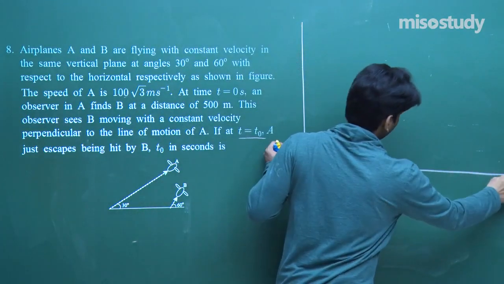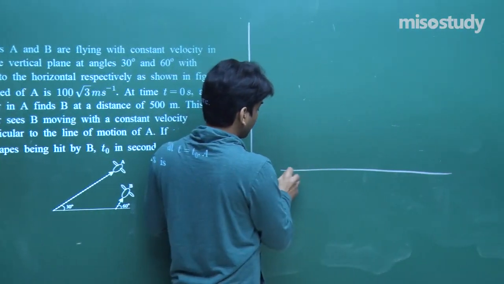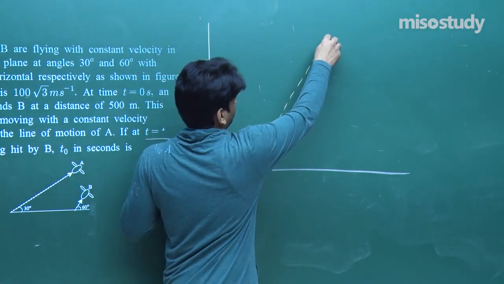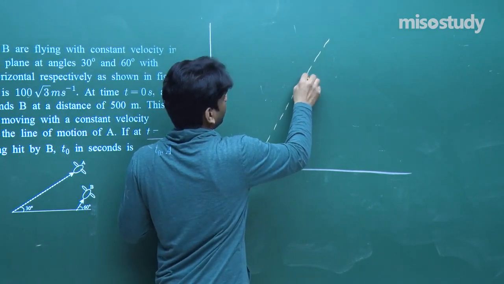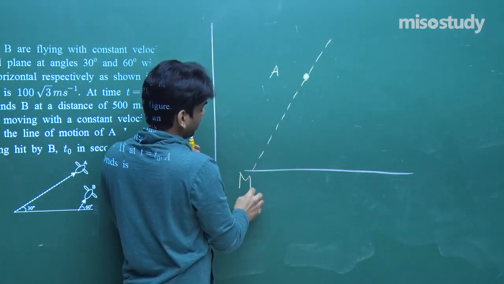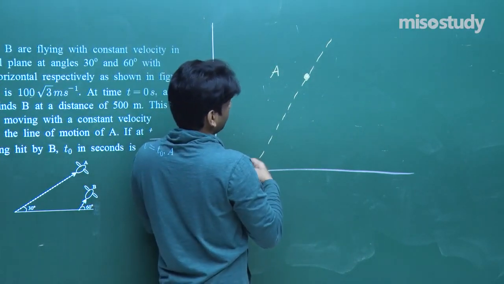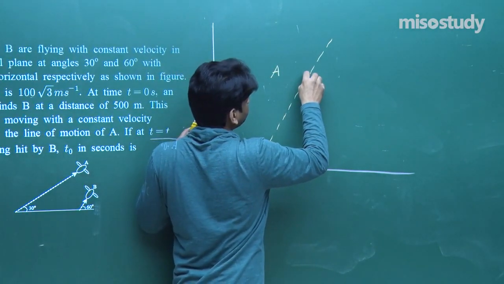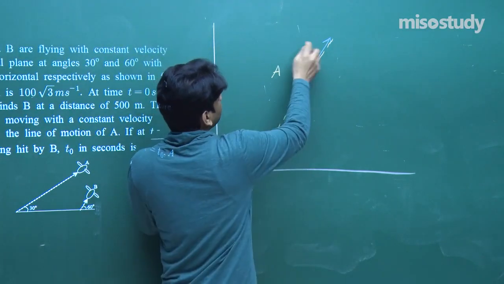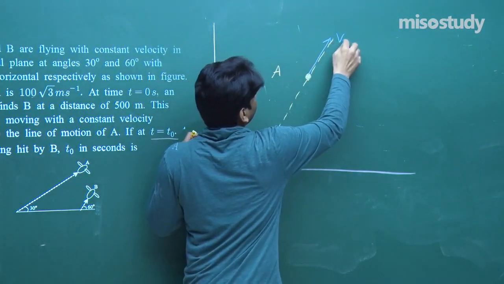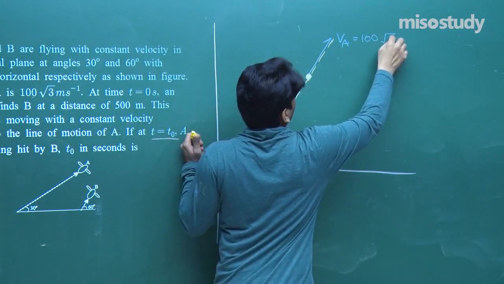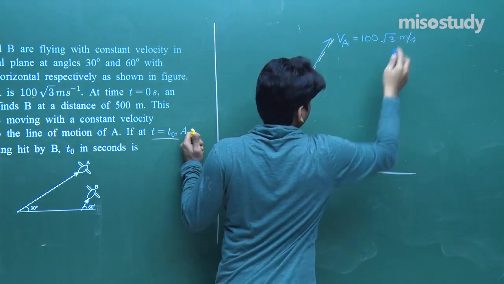Let's say this is the ground and I'm going to draw a line. Now let's say this is the plane A. Let me show that this is point M and A is moving along this line with its velocity, that is 100 root 3 meter per second.